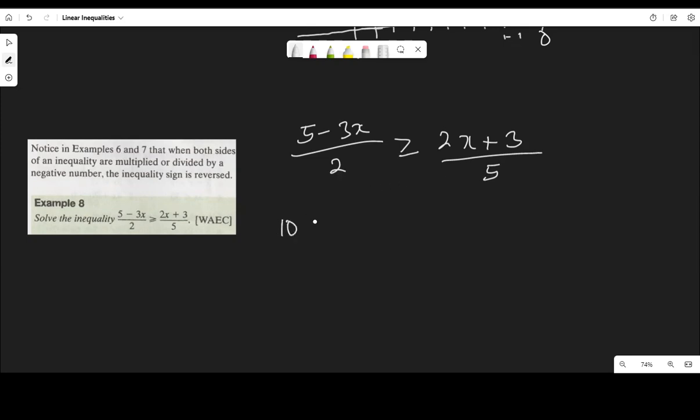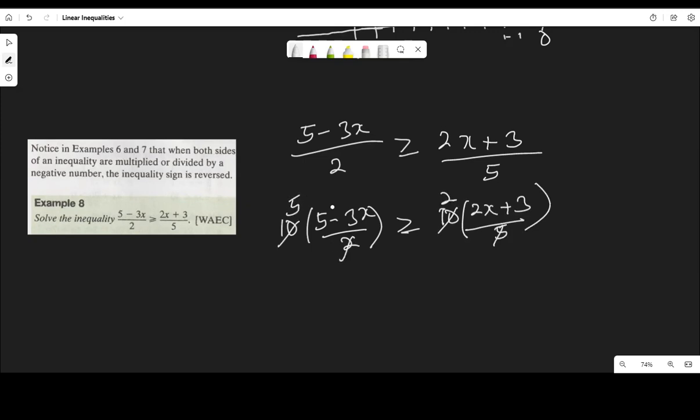The LCM of 2 and 5 is 10. So 10 multiplied by 5 minus 3x over 2 is greater or equal to 10 multiplied by 2x plus 3 over 5. 5 here 1, 5 here 2, 2 here 1, 2 here 5.